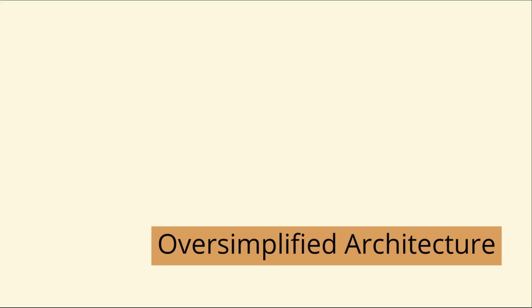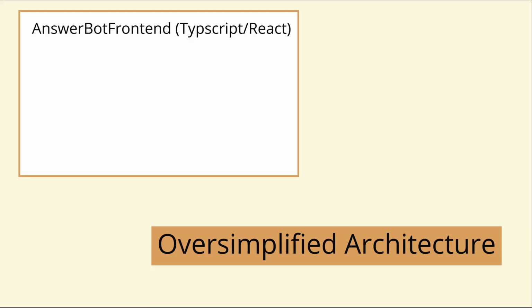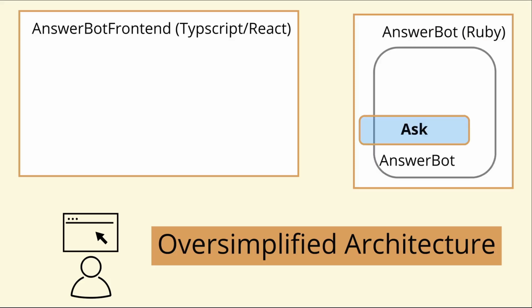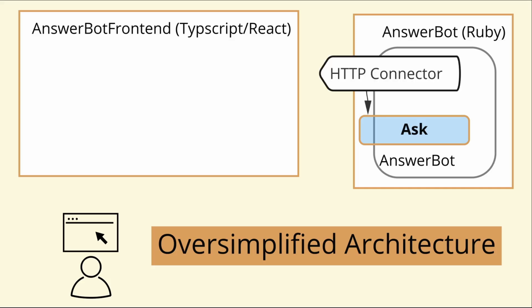we are going. So, as mentioned, we will have a front end in TypeScript and React. This will allow a user to ask a question through a browser and get an answer. We will have a backend implemented in Ruby. We will have a command called ask in a domain called AnswerBot. We will have an HTTP connector, which will expose ask to the outside world.